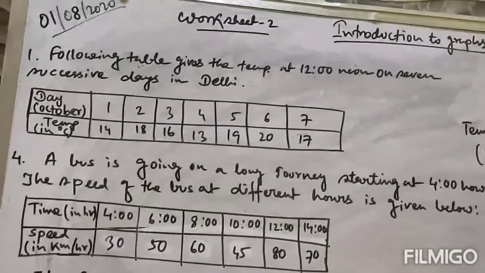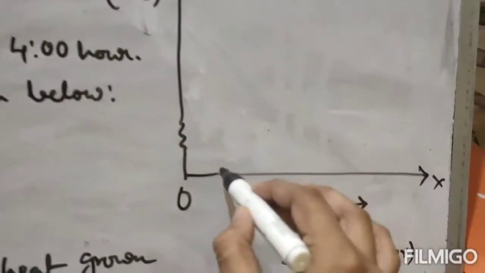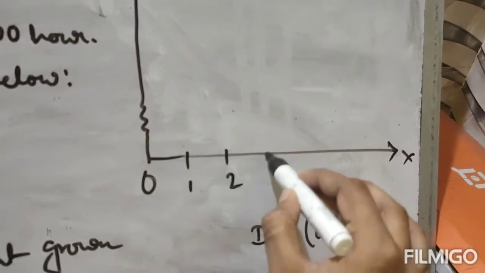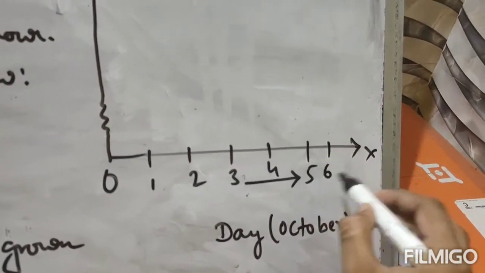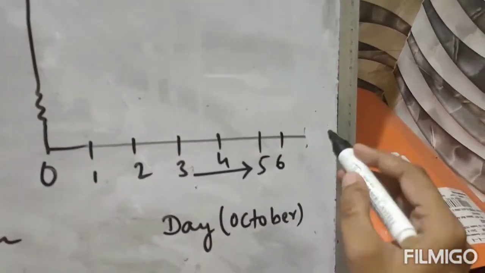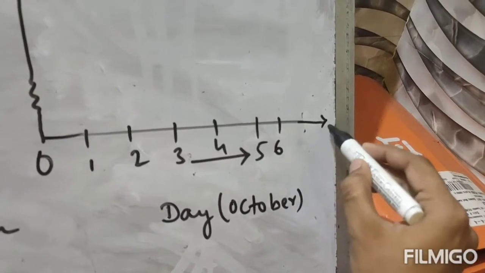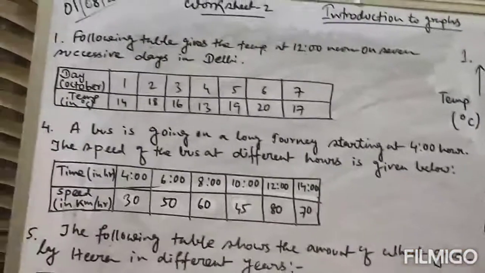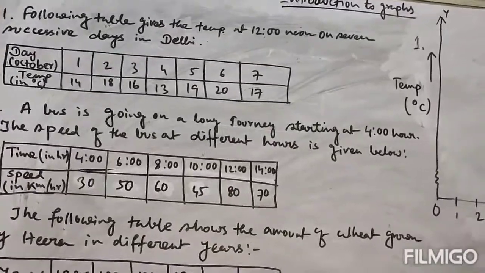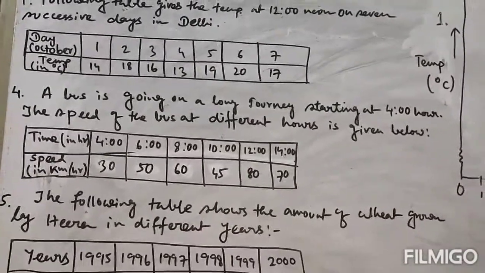Now 7 days are given, so plot 1, 2, 3, 4, 5, 6 and extend this x-axis so that we can plot 7 also. The temperatures given are 14, 18, 16, 13, 19, 20 and 17.